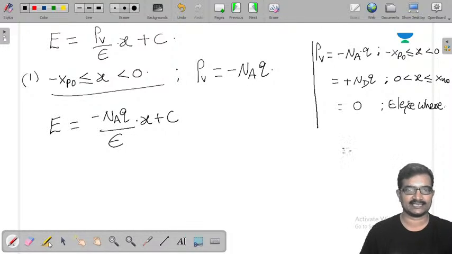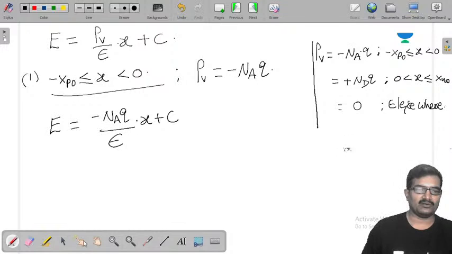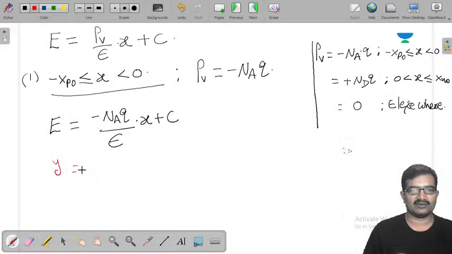Now I am going to compare this with the line equation y is equal to mx plus c. This is the value which represents the slope.